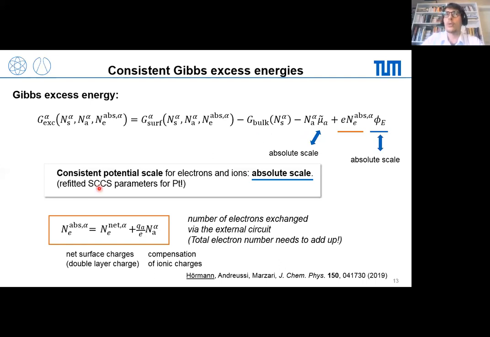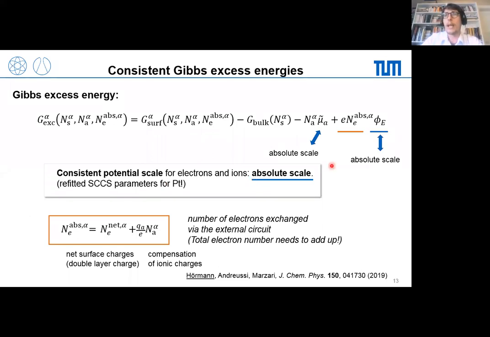It turns out that when we use the specific SCCS parameters that we refitted in particular for platinum in this work, this energy is consistent with an electrostatic reference that corresponds to the absolute potential scale in the electrochemical sense, so basically the electrostatic potential of the vacuum above the solution.